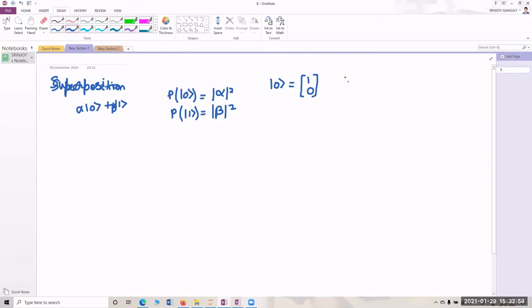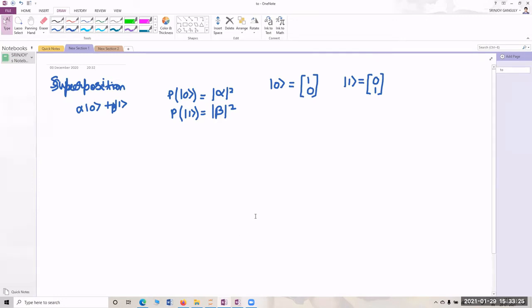And similarly for one, you have this state. So you can see that the qubits are represented as column vectors, and this will be useful when I discuss the concept of entanglement.